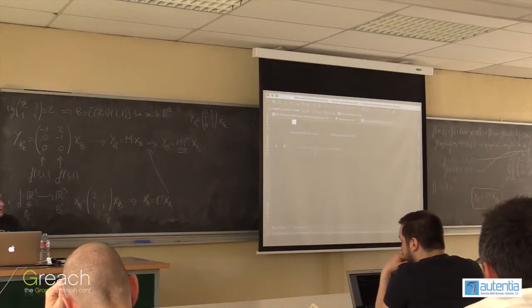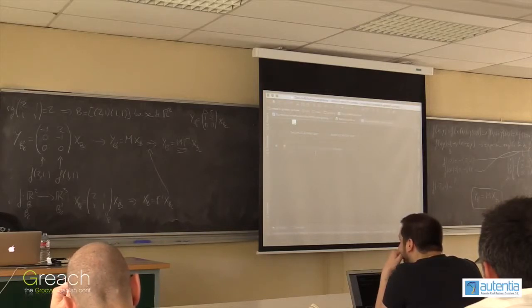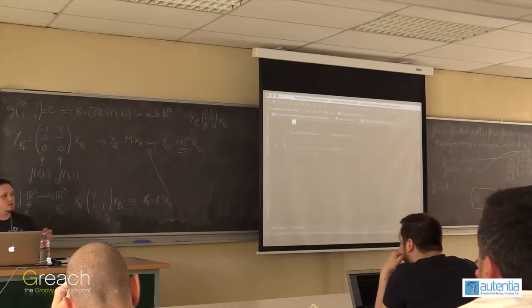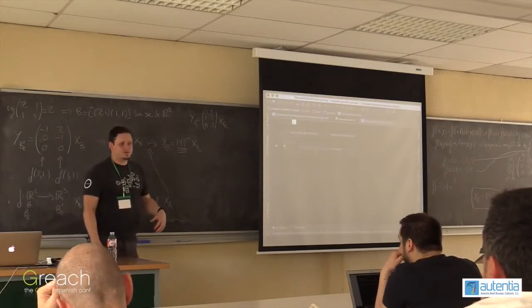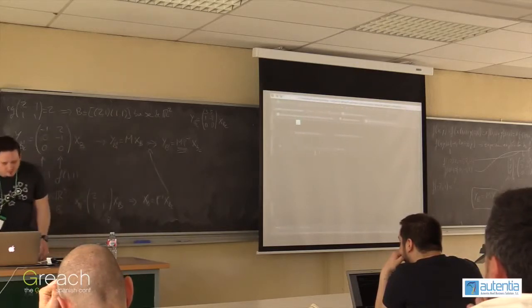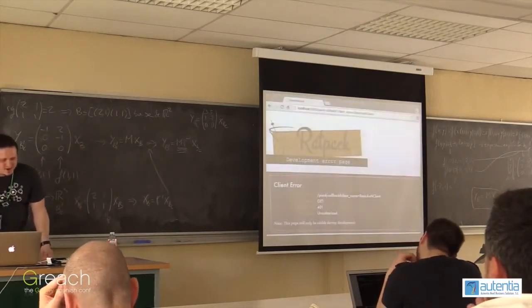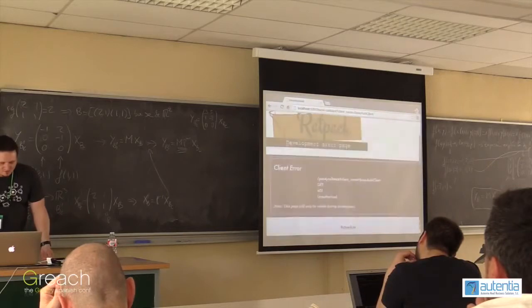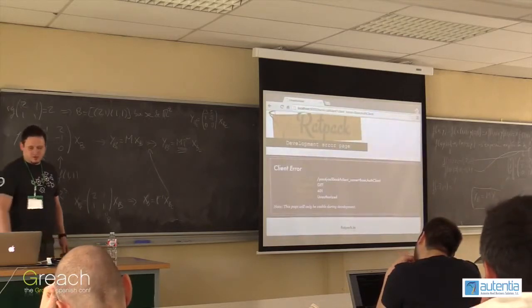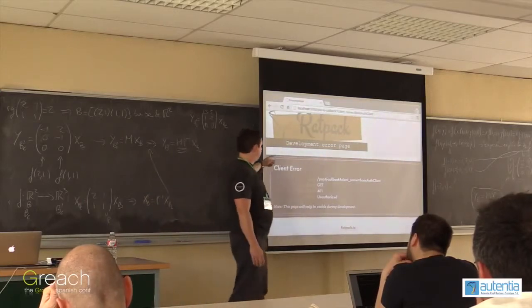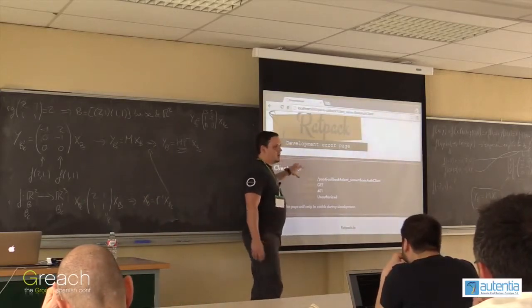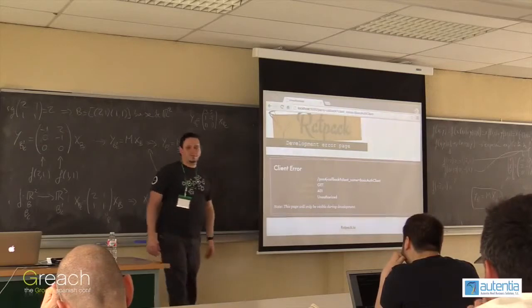So the problem with that is we don't have a place to direct the user to give them an error message. So if you secure everything blanket, there's no way to give them a nice page to give them an error message. Now, since I'm running in development mode, I do get an error page that has a few things, which basically just says I'm unauthorized. But you won't get this kind of error page in production mode.